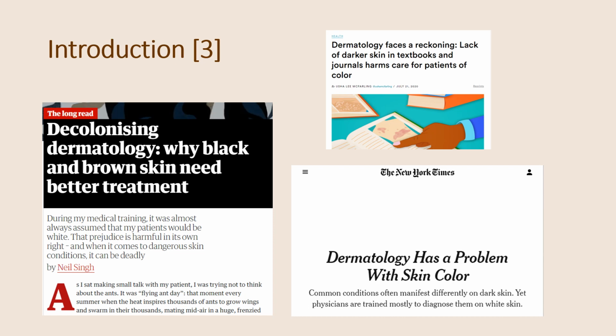This is actually an article written by a GP who comments on his experiences of training and how he didn't feel confident with diagnosing skin conditions in skin of colour. On the right, there is an article published in the New York Times, which again highlights the diversity gap embedded in medical training.